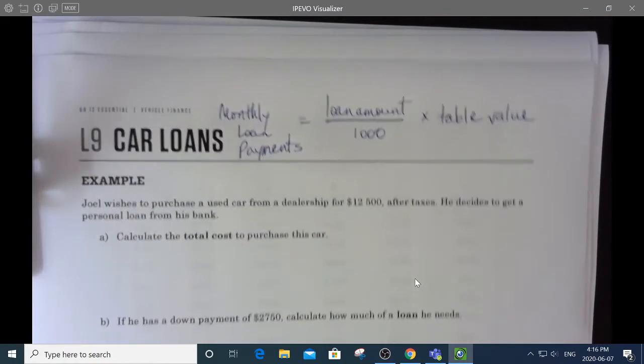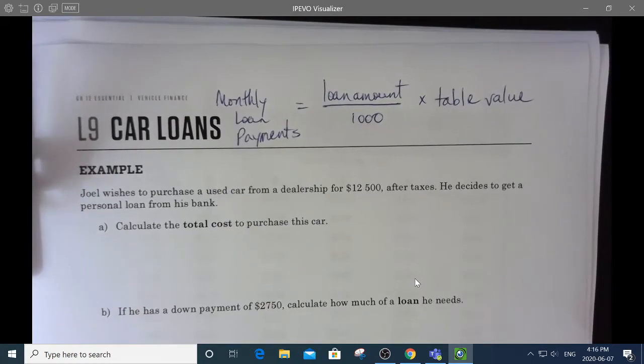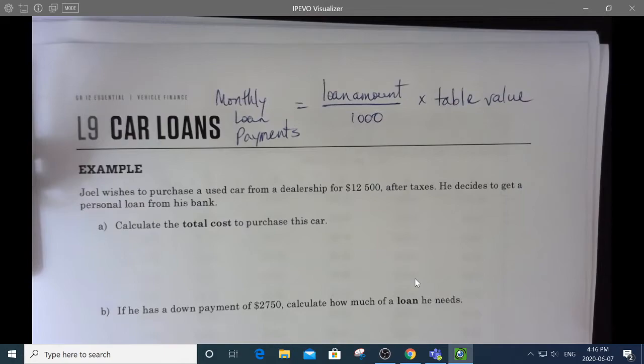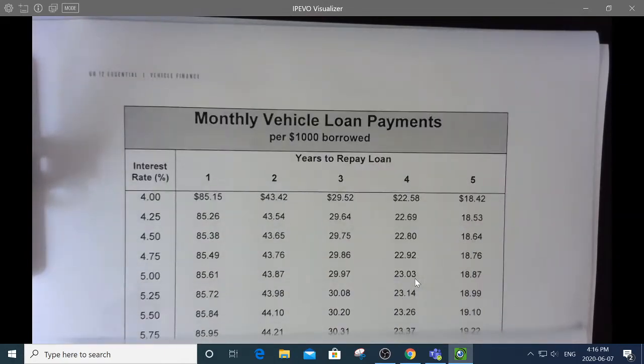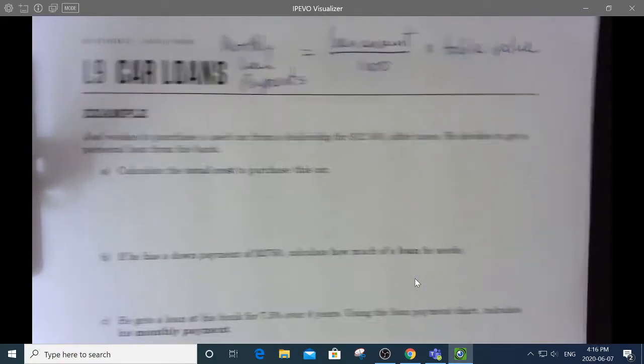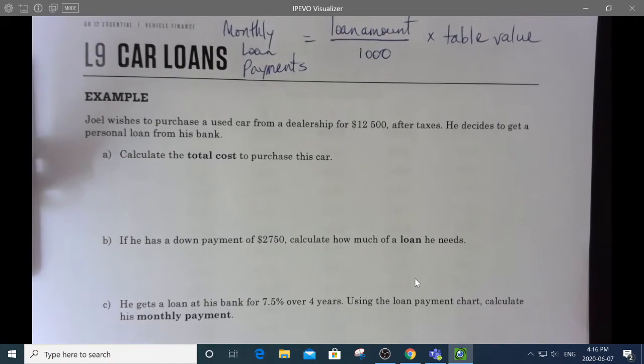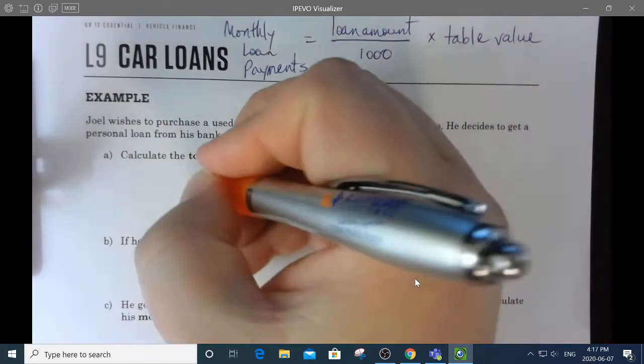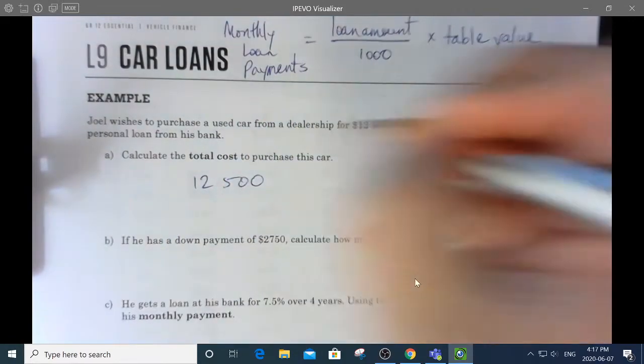So calculate the total cost to purchase this car first of all. It's $12,500 after taxes. Just to give you a sneak preview, there's the monthly loan payments chart. Make sure that you have that page when you download this notes package. So calculate the total payments for the total cost to purchase the car. Well, the total cost is $12,500 from a dealership.